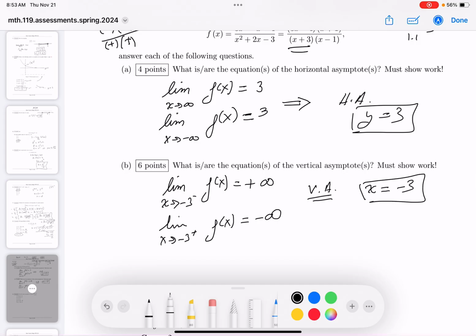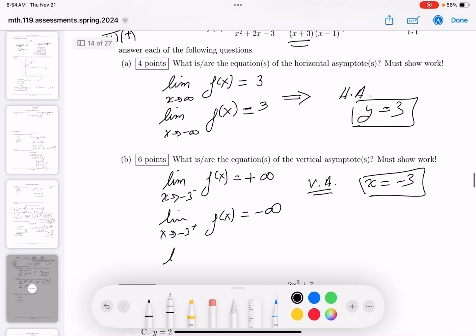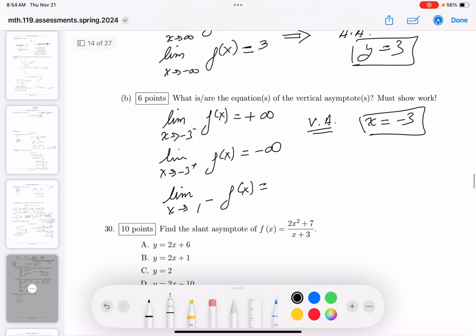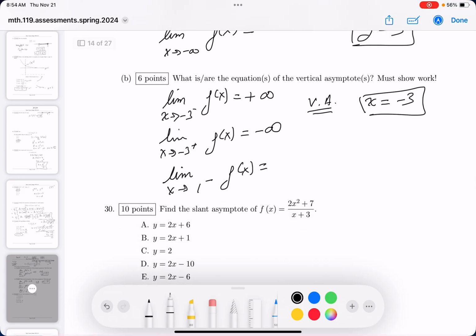All right, let's keep moving. I think I got another one too, right? The other one's going to be at 1. So the limit as x goes to 1 from the left. Again, we'll look at our number line to figure that out. And I want to do the limit as x approaches 1 from the right.